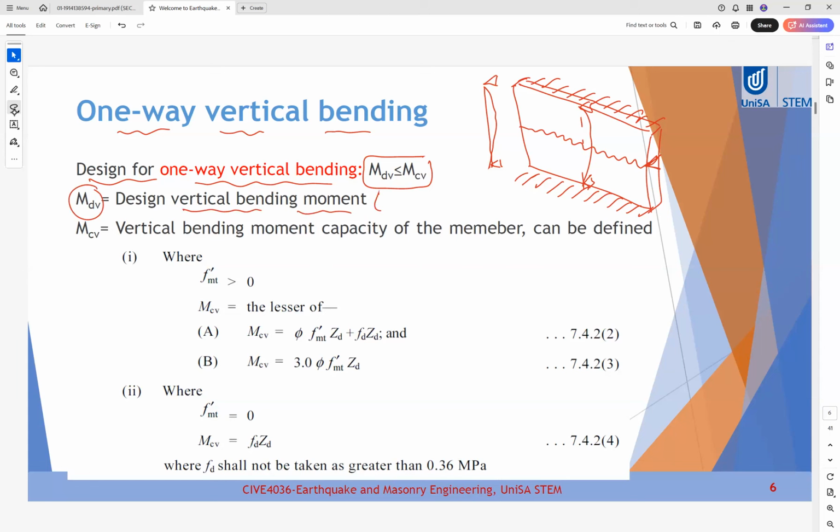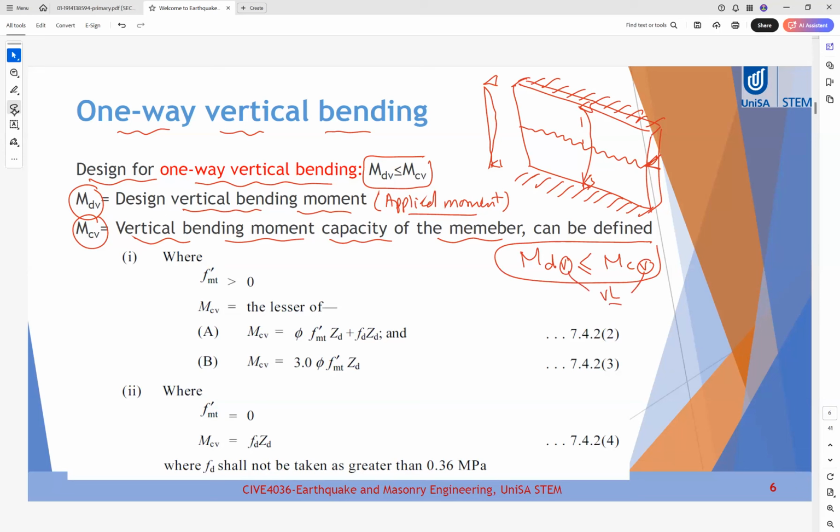So Mdv is the applied moment on the wall from your analysis, which should be less than or equal to the capacity of the wall, which is the vertical bending moment capacity of the member. Similar to any design in steel or concrete or timber, the design moment is less than or equal to the capacity. And v for vertical.